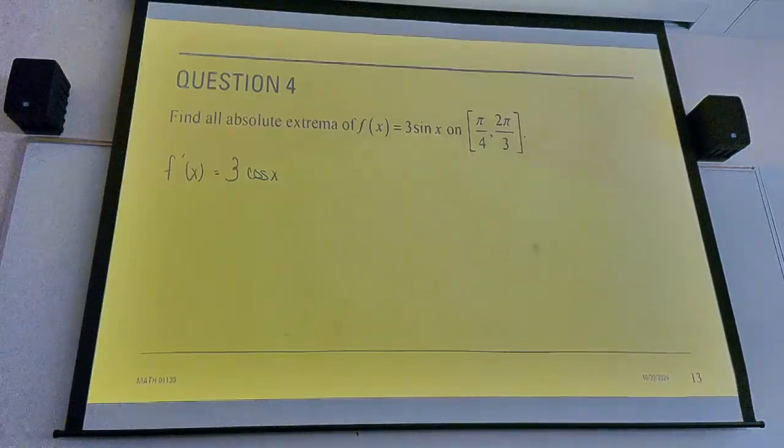Cosine undefined at I think half pi and no, then 0 pi. What is this undefined? You're thinking of secant and cosecant. Oh.